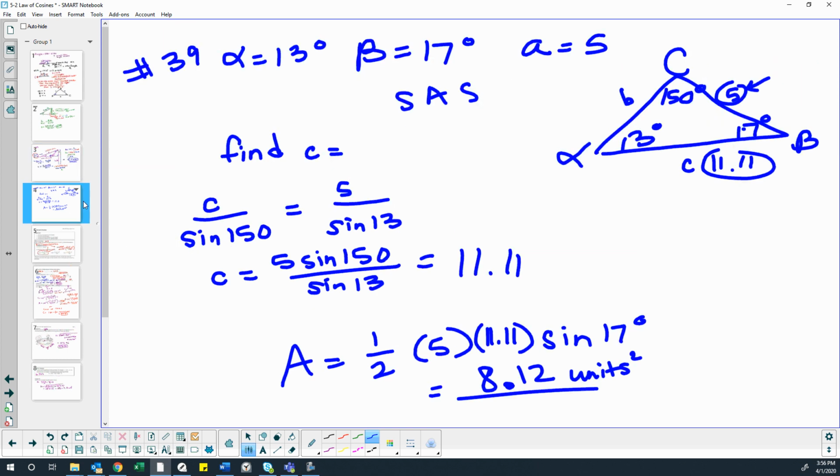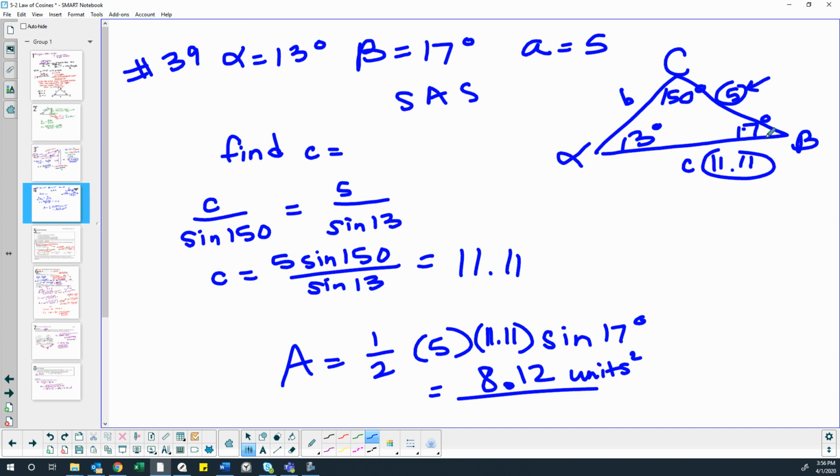The last one we looked at was question 39, just clarifying the fact that when you're doing area using side-angle-side, it doesn't matter which side, angle, and side you use. When I went through this example, I found side C. Side A was given.